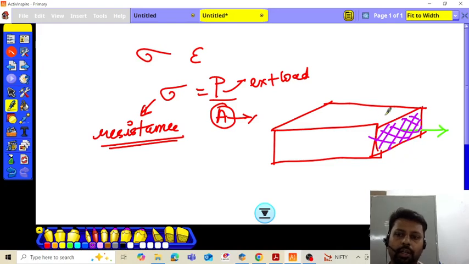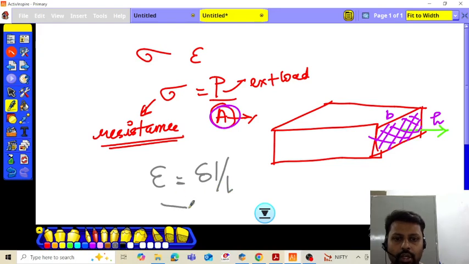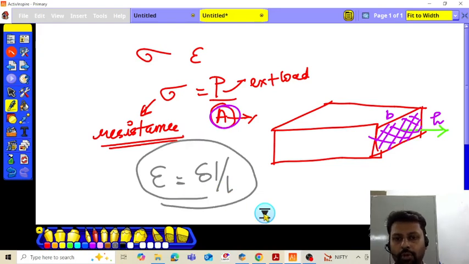So this particular area, if for example this is B and this is H, that area which is taking up the particular load should be utilized for the calculation of A. So that's very important. Once we go into the problem, it will be very easy for you to understand. And apart from that, we have also learned about strain, which is change in length by original length. So these two things are very, very important.